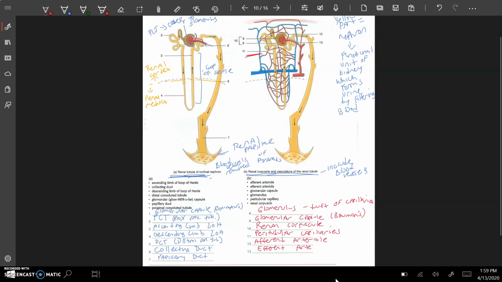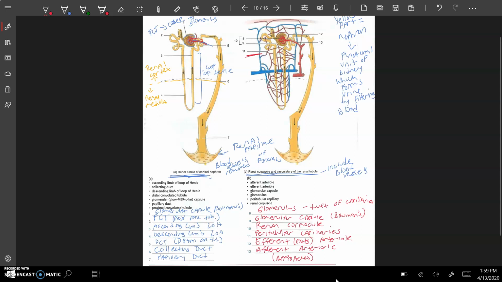So 13 must, oh wait, I mixed them up again. I wasn't looking. My apologies. All right, 13 should be afferent, and efferent exits the arteriole.